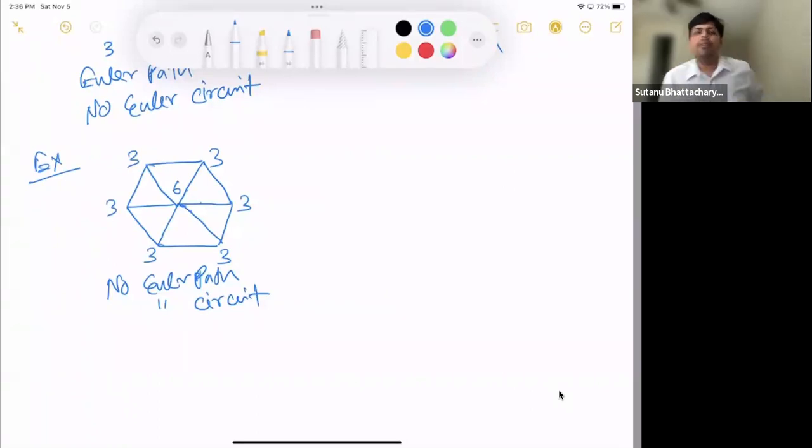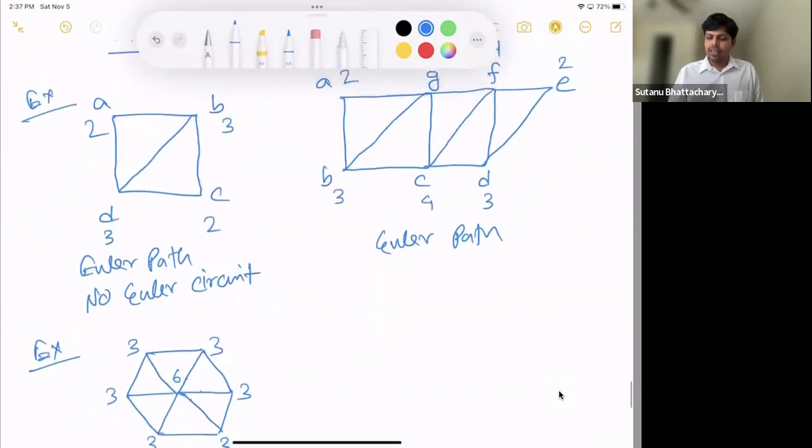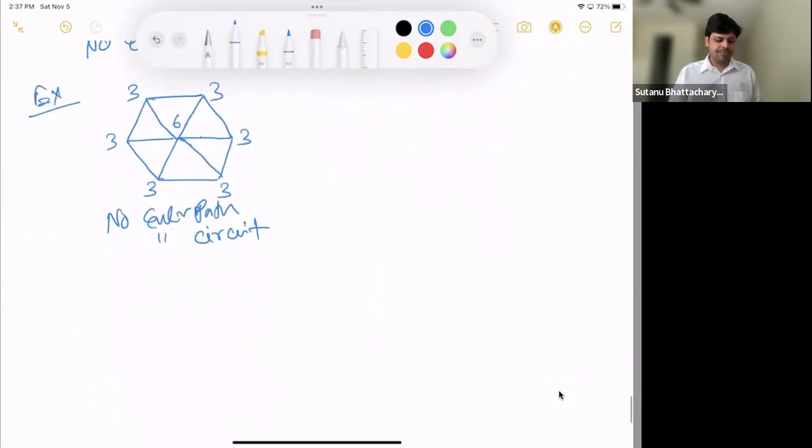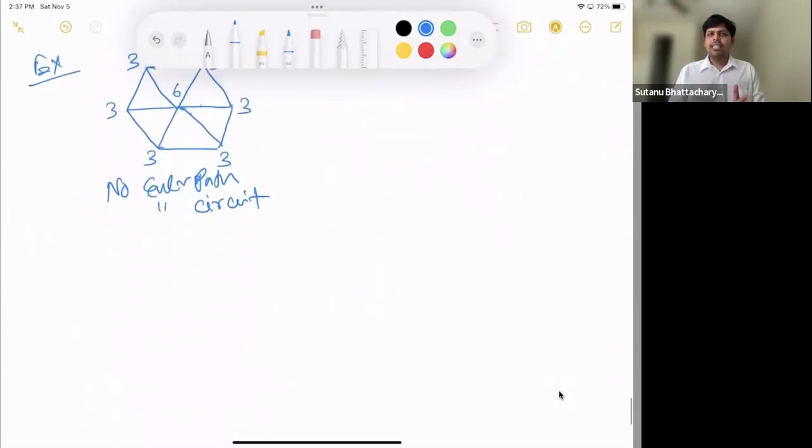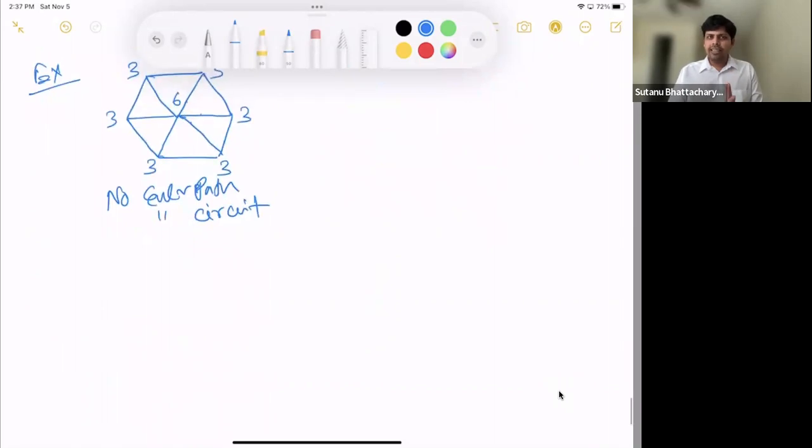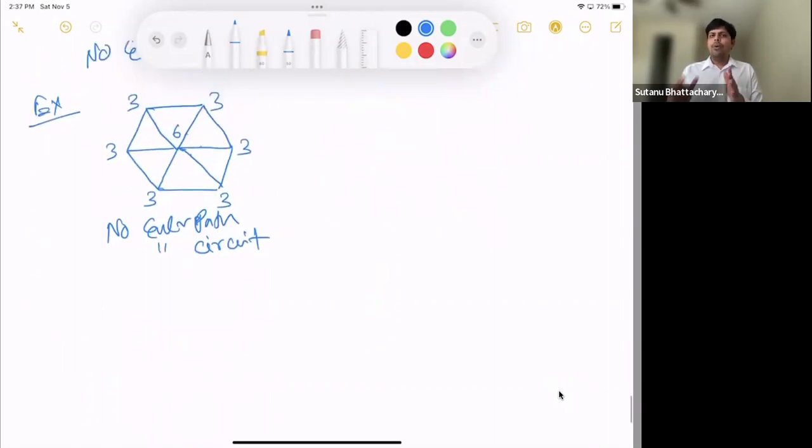So this is about Euler circuit as well as Euler path. And in your assignment as well as in your final exam, you can be sure that you will get questions from here, based on these two theorems that we have studied. In Euler path and Euler circuit, we need to traverse all edges exactly once.